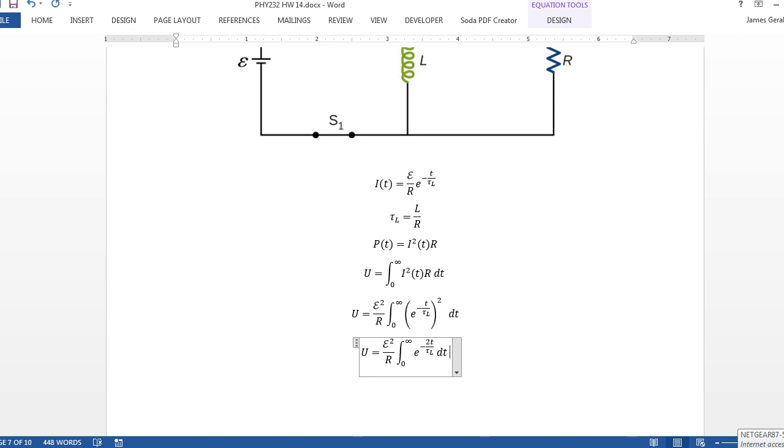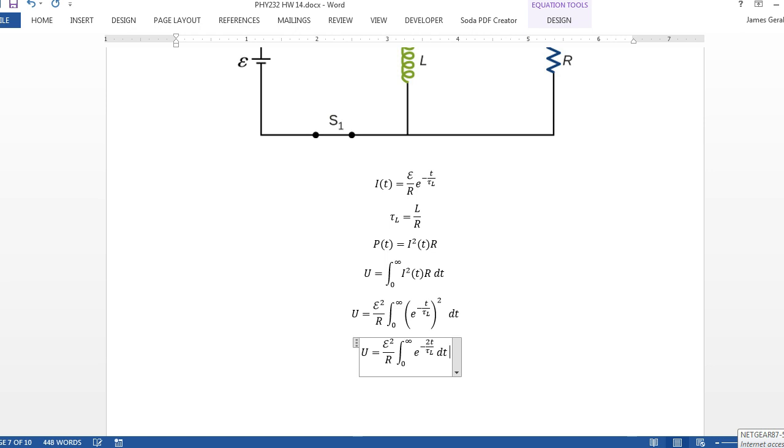And you know that if you have any exponential of the form e to the alpha t and you integrate it, you just get 1 over alpha. So 1 over alpha, alpha in this case is minus 2 over tau sub L, and we're going to get minus tau sub L over 2.